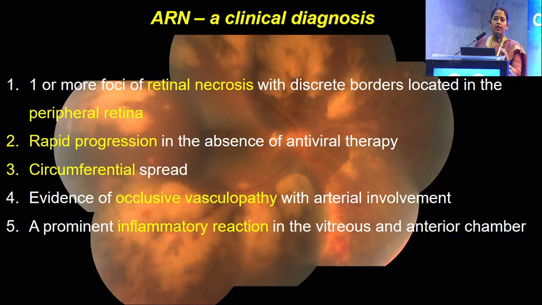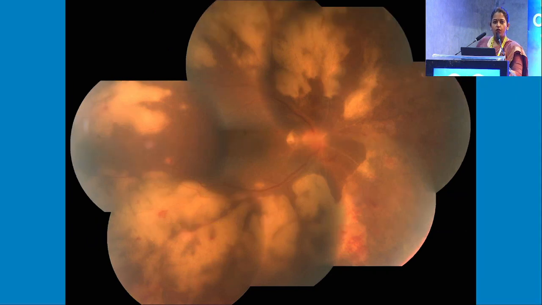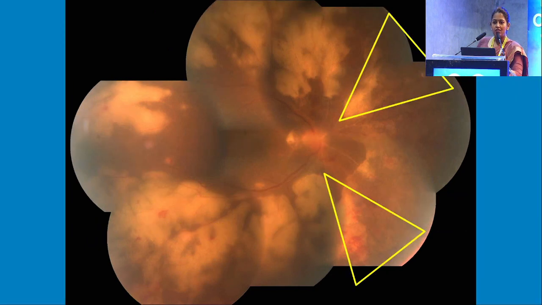Acute retinal necrosis, to start with, the American Uveitis Society has laid down the diagnostic criteria for acute retinal necrosis, which includes 5 essential and 3 supportive criteria. The 5 essential criteria are: 1 or more foci of retinal necrosis in the peripheral retina with well-defined margins. There will be rapid progression in absence of antiviral therapy.